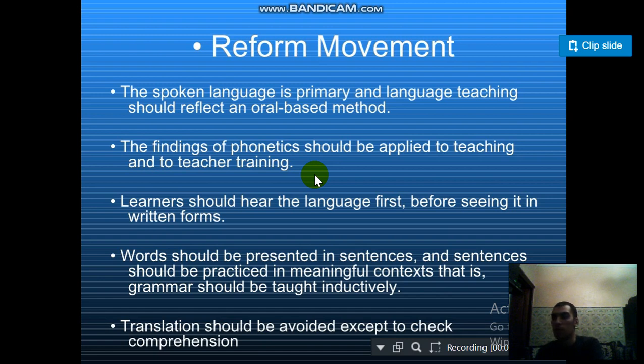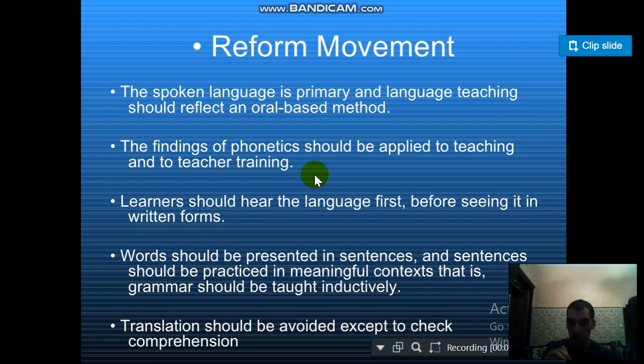There are around 3,000 languages in the world, and there is no one language that is solely written. All languages are spoken. There are some that have writing systems and some that don't, but you will never find a language that is not spoken.